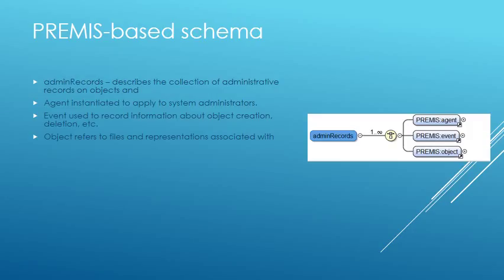Events are used to record information about object creation, deletion, and basically any changes that will happen to objects or that an agent can do, any events or actions are included in that. And object refers to the files and representations associated with a documentary in the system.